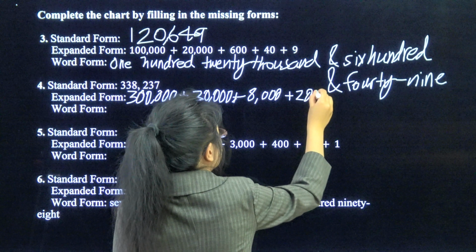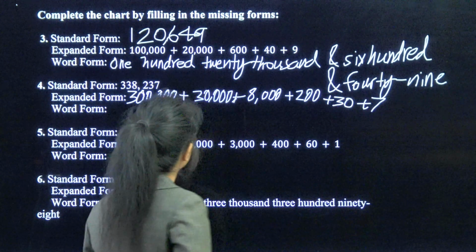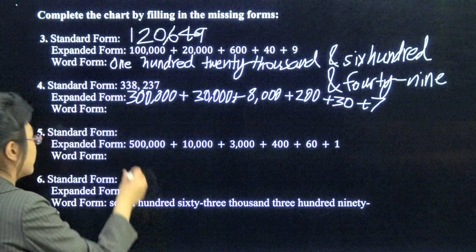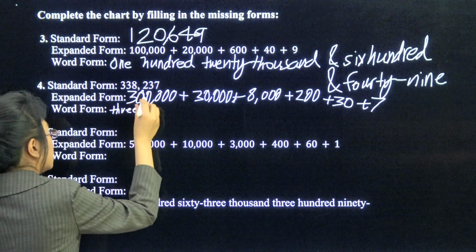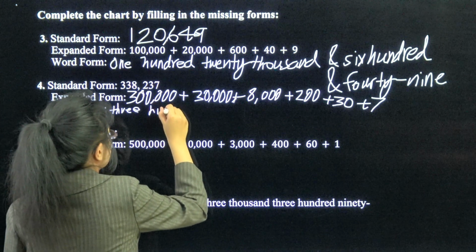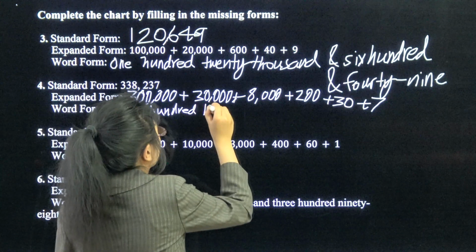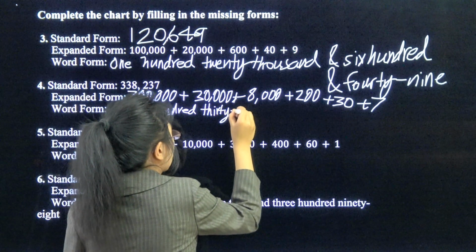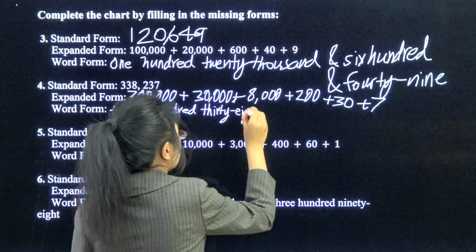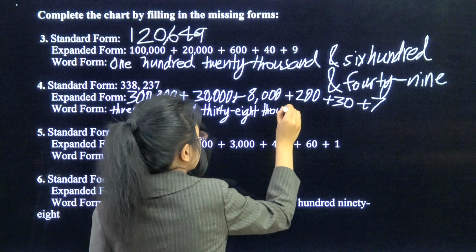200 plus 30 plus 7. Word form. 300 38,000.